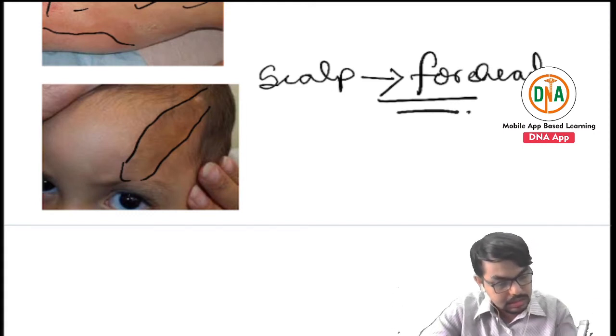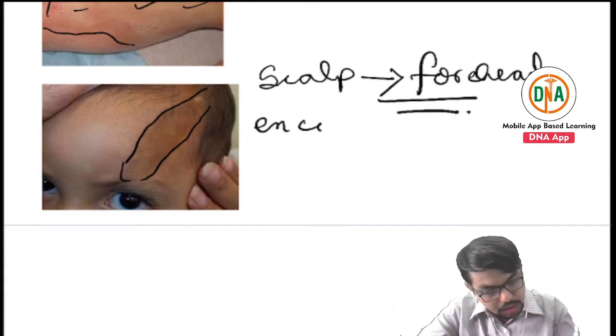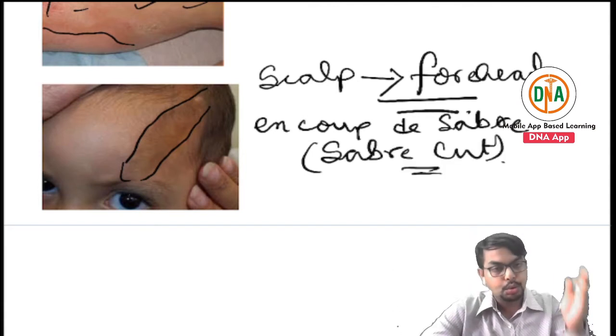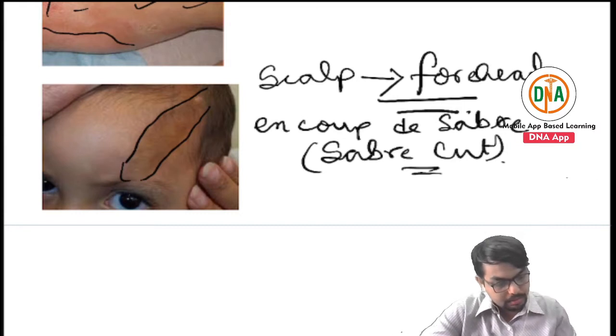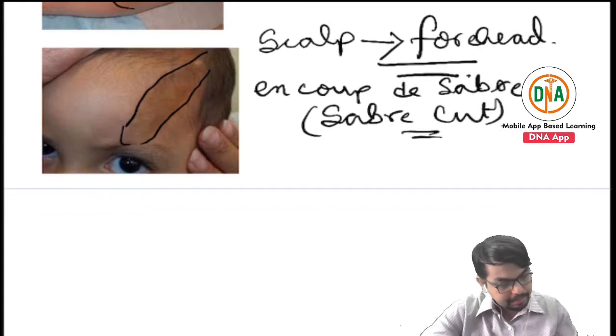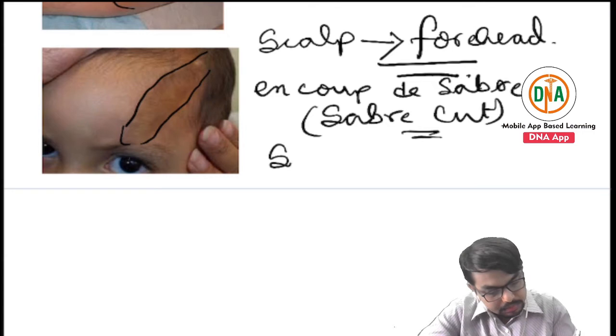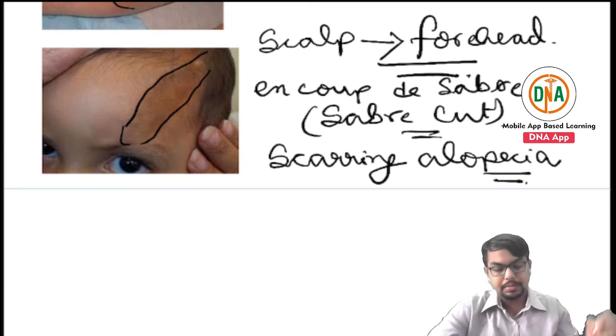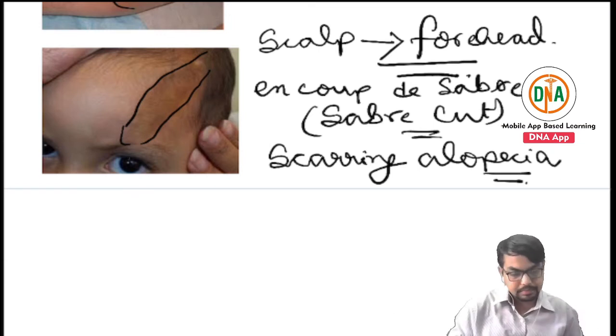This is called En coup de sabre, that is, it resembles a saber cut with the sword. There is scarring alopecia in en coup de sabre.